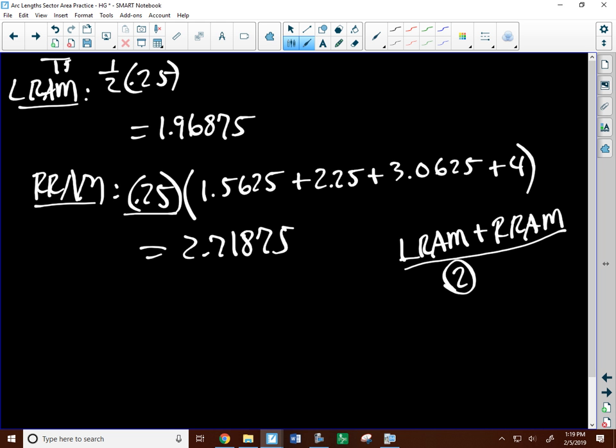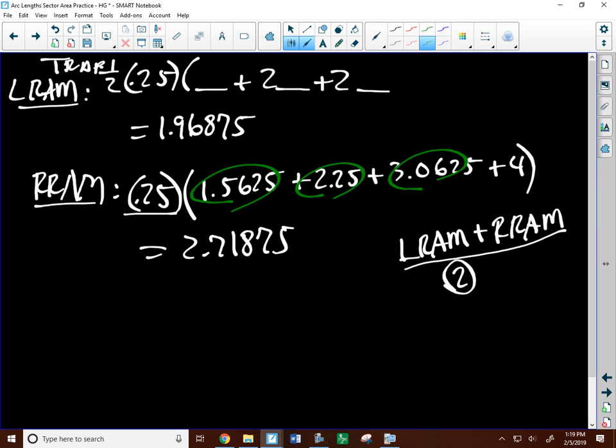So this, I'm showing you the trap. Okay, and then for the trapezoid, you have 1 of the first one and 2 of all the other ones. Well, if you look through the left and right RAM, you'll count 2 of all these in the middle. In left RAM, you would have seen it as well. So if you look at your paper, you see like 2 of the 1.5625 left and right.